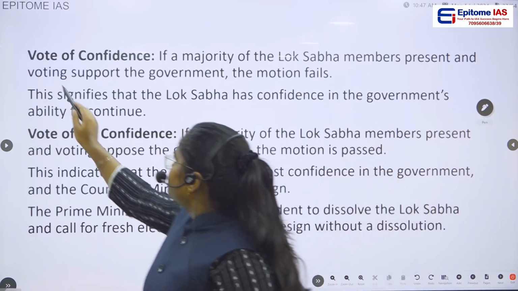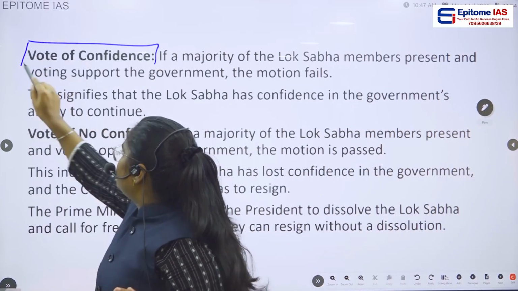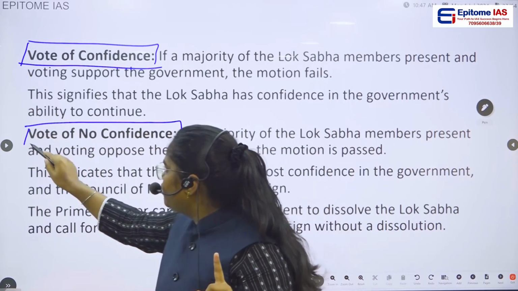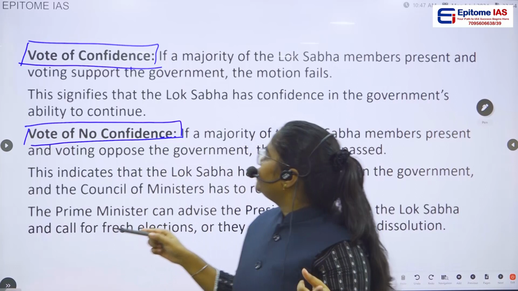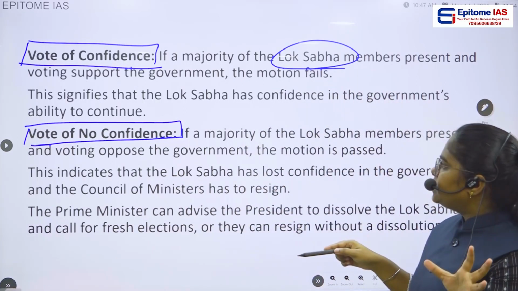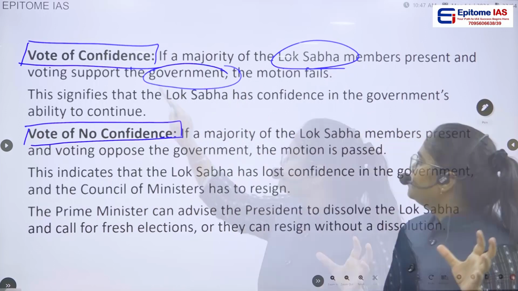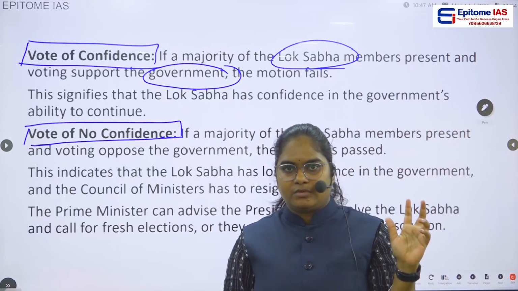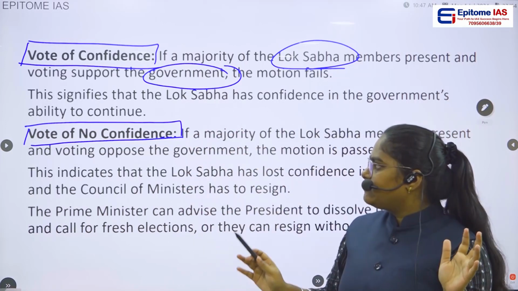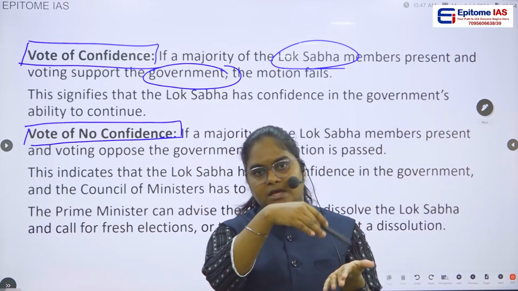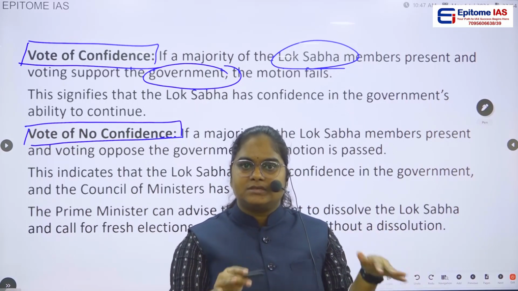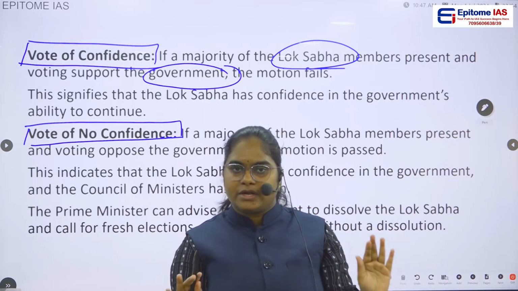So there are two types: one is vote of confidence, the other one is vote of no confidence. What is vote of confidence? If a majority of the Lok Sabha members present and voting support the government, the motion will fail. The no confidence motion will fail in case of vote of confidence, which means the Lok Sabha has the support of the government. In that case, the government will be continuing.